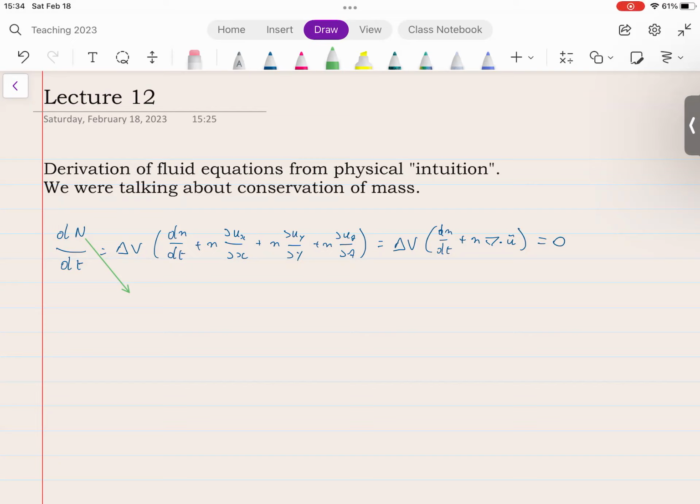Somehow I made an error that's not appearing on my screen. I hope it's actually there. Looks like I'm maybe having some connection problems. Great. Well, anyway, that's the number of particles in the fluid element.